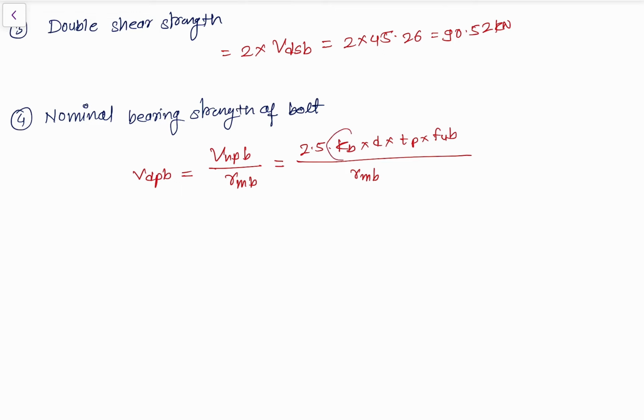The KB we need to calculate, okay? So calculating the KB has some considerations. So remember KB will be the smaller of, always in brackets, this value you need to calculate.